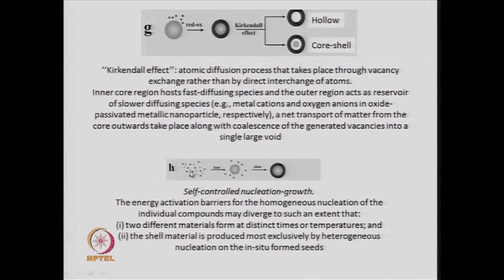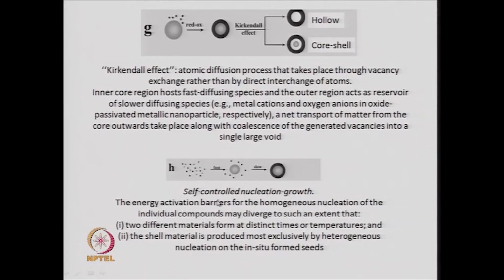One is light gray, the other is dark. The lighter ones aggregate faster and you get a core particle, and then the darker ones aggregate slowly. So, they form on top of the light gray sphere, and so they form the shell.